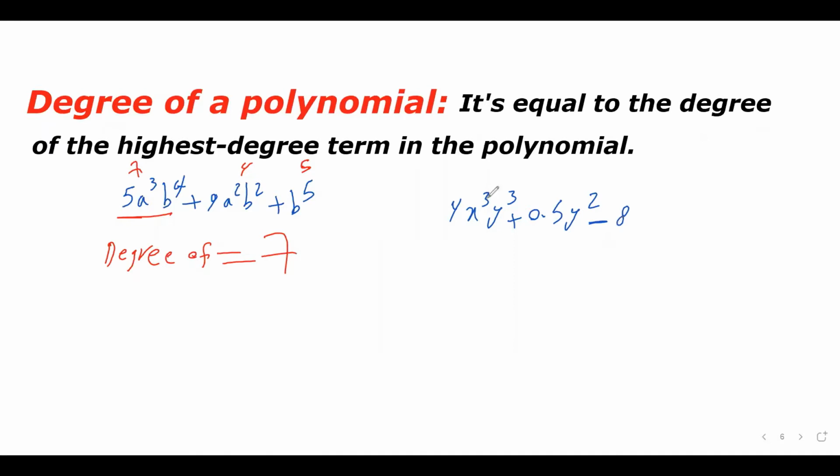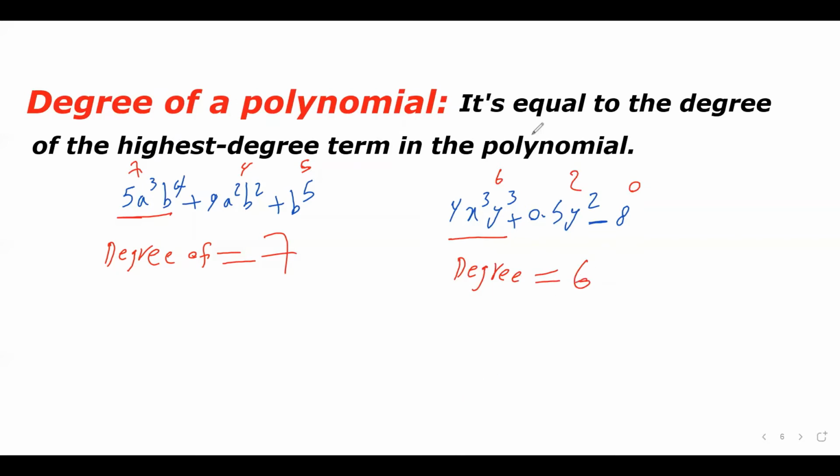This one has 3 plus 3, so this term has a degree of 6. This term has a degree of 2. And this one has a degree of 0, because there is no variable. It's just a number. So the degree of any number is just 0. So in this polynomial, this is the highest degree term. That's why I can say the degree of the polynomial is 6.